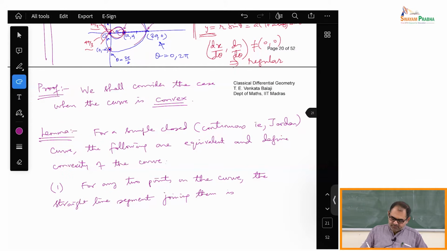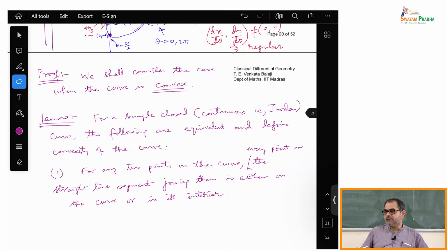So let me say this: for any 2 points on the curve, every point on the straight line segment joining them is either on the curve or in its interior. So this is one characterization.